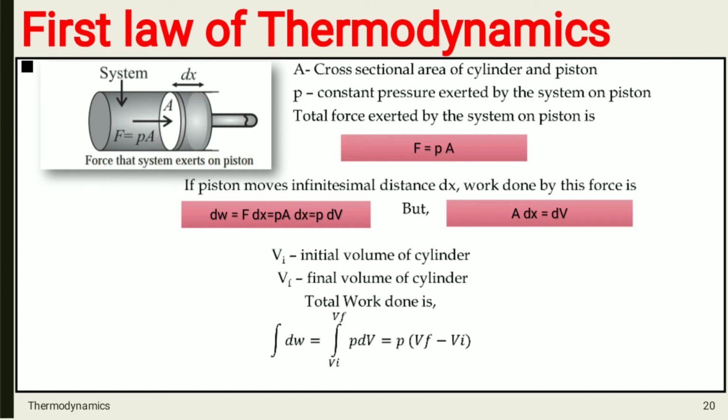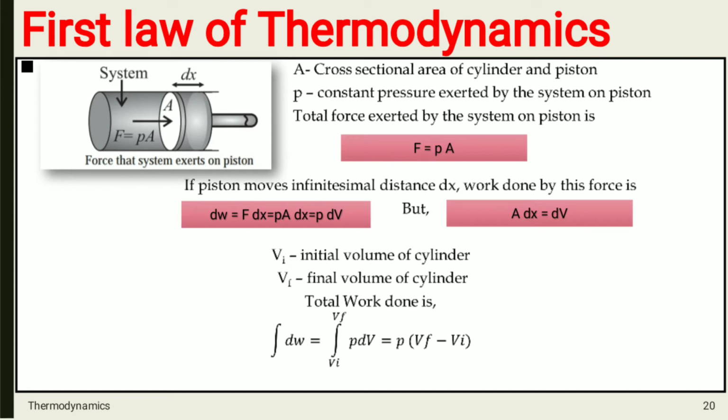Now instead of F you can write PA in this equation, and dx is as it is. Now area into distance is equal to volume, that is why we can write dW is equal to P into dV.